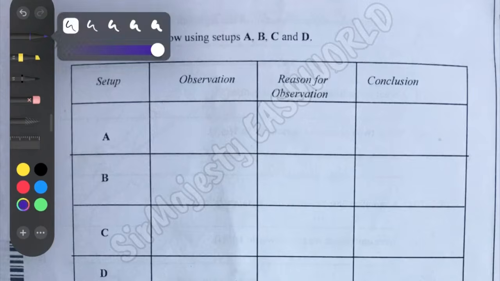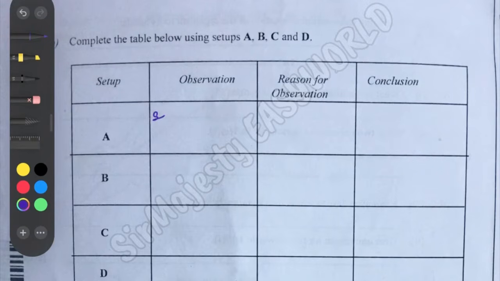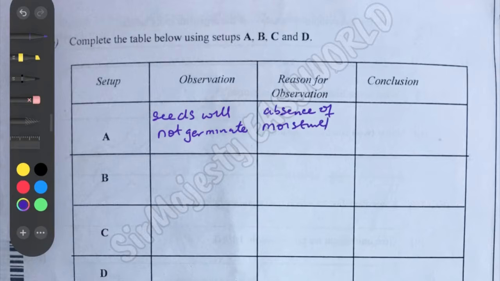Seeds will not germinate. Reason: absence of moisture or water. Moisture is needed for germination to occur.